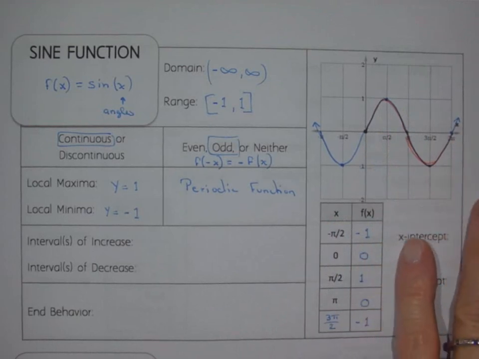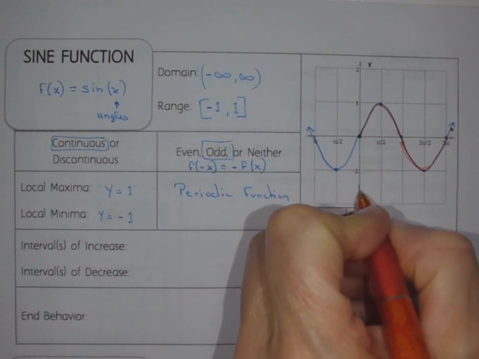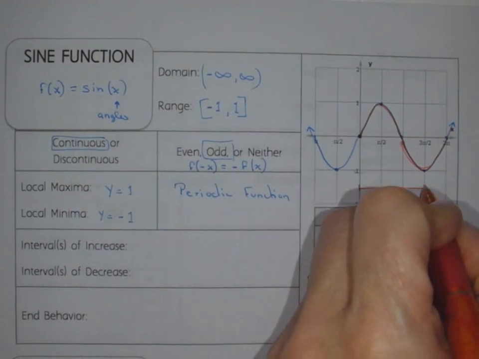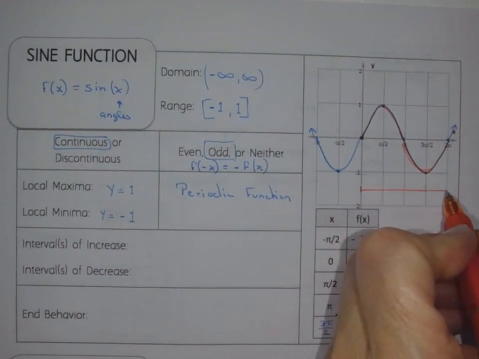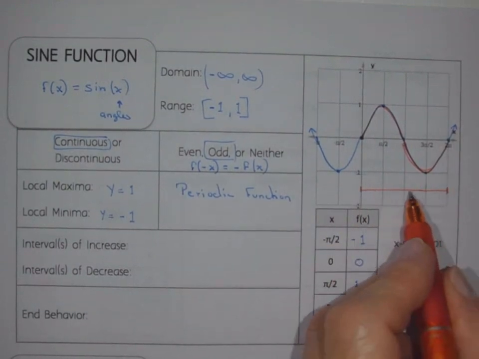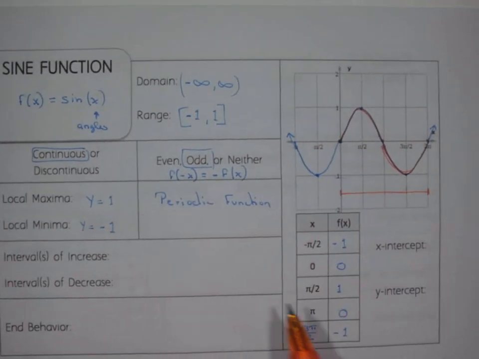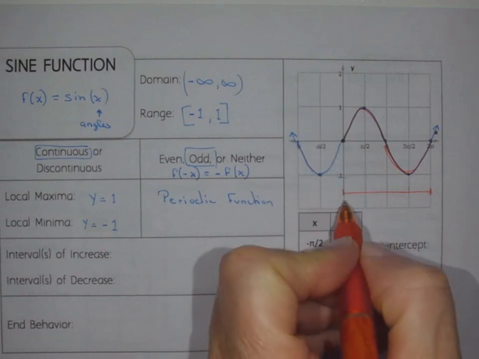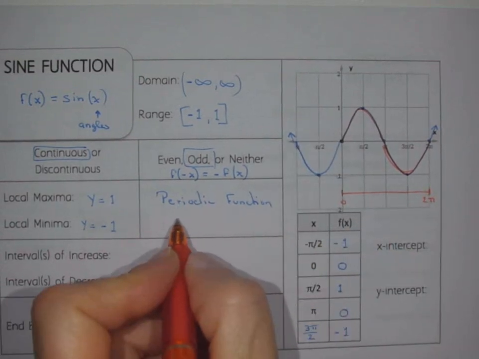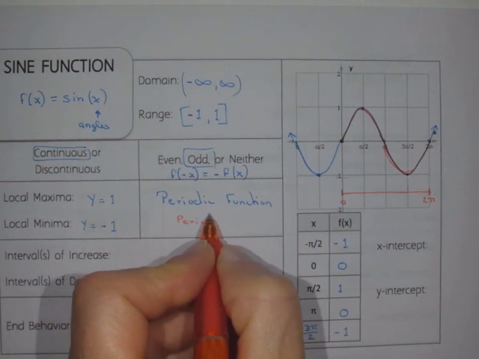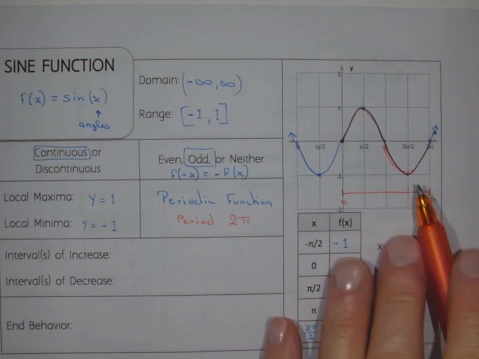So this will be my period there. The period will be from here to here. That's the width I need to do one full cycle, right? And then we repeat after that. So one full cycle will be from 0 all the way to 2 pi. So it's a periodic function with a period of 2 pi, because that's how long it takes from 0 to 2 pi to do one full cycle, okay?